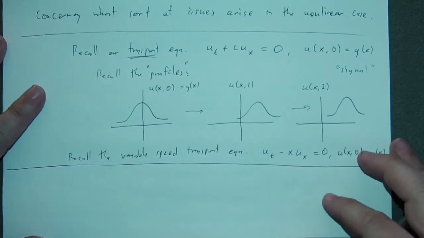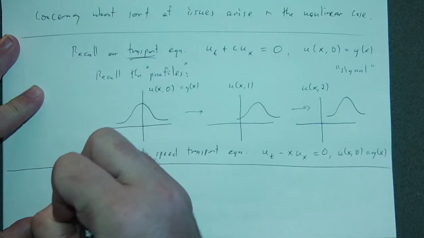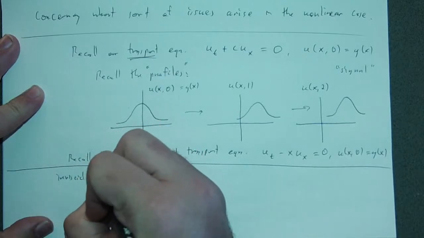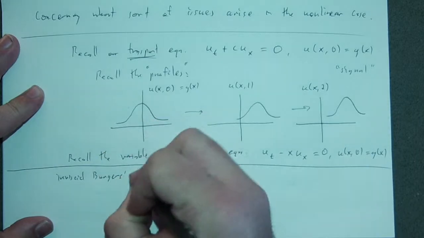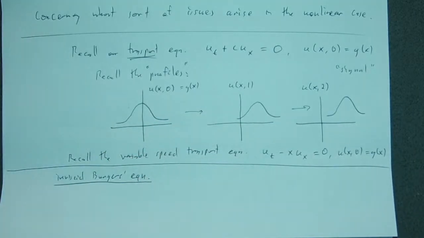What about the following? And this is known as the Inviscid-Burgers equation. The textbook, I think, just calls this Burgers equation, but this is technically the Inviscid-Burgers equation.